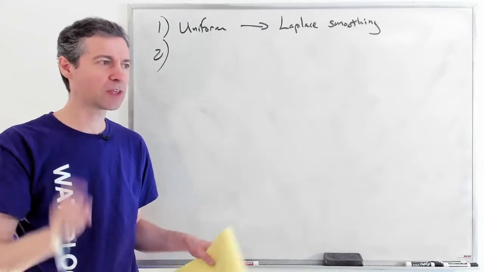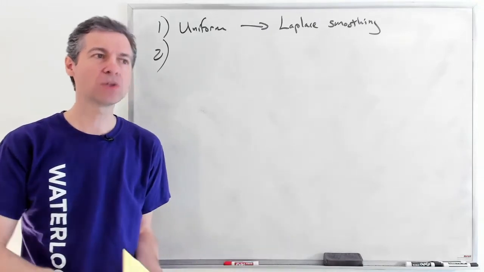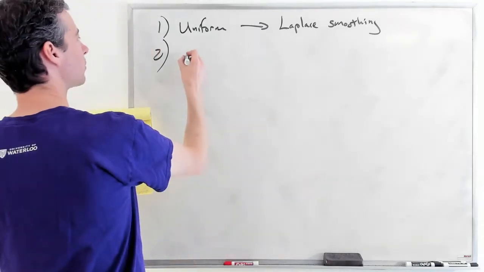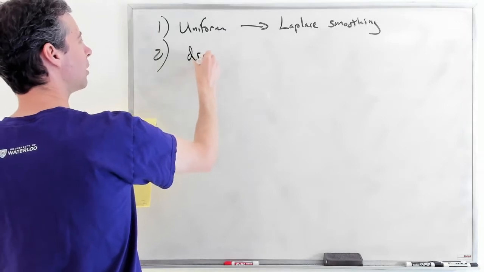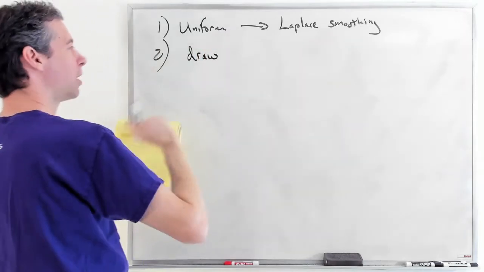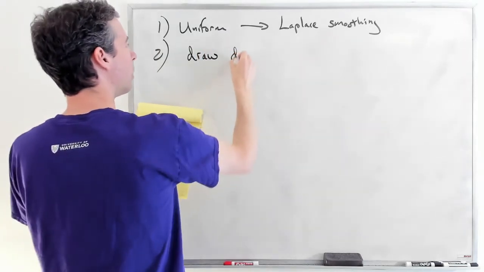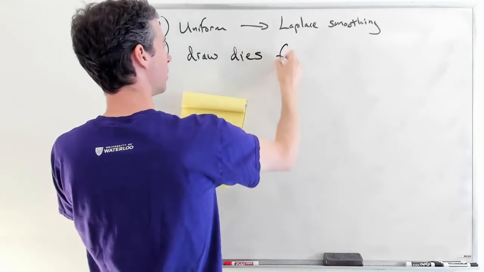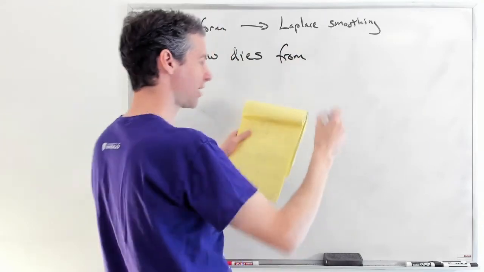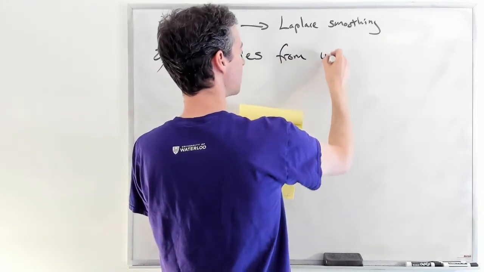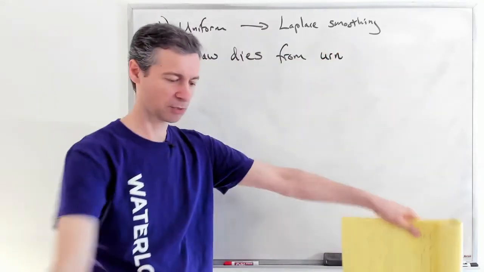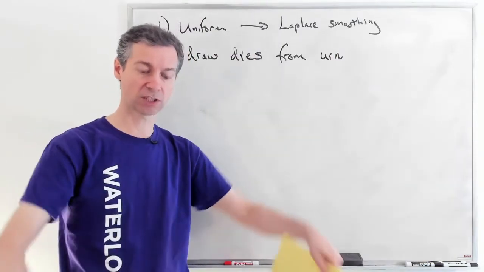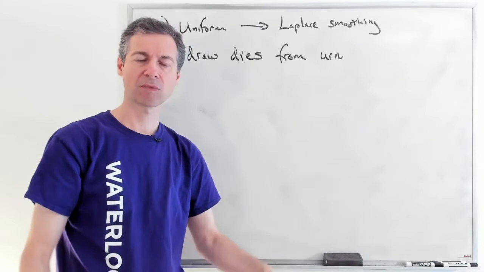So the way to think about it is, instead of thinking uniform probabilities, you could draw a whole die from, this is the classic math notion with probability, some urn. It's like we have this imaginary urn that's filled with dice.